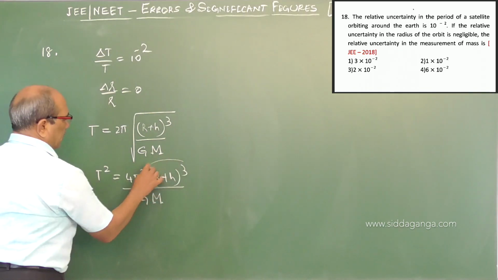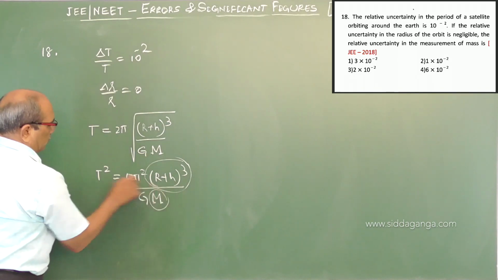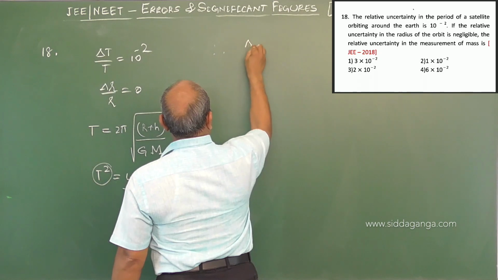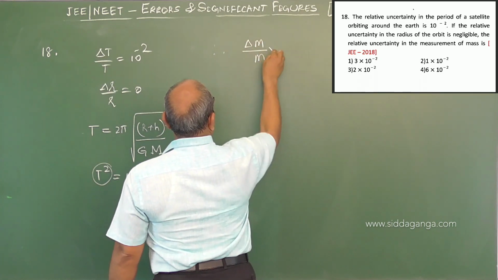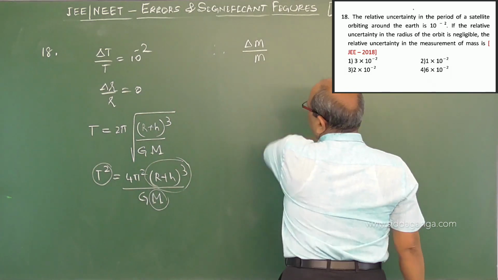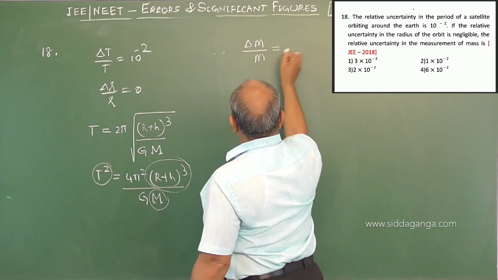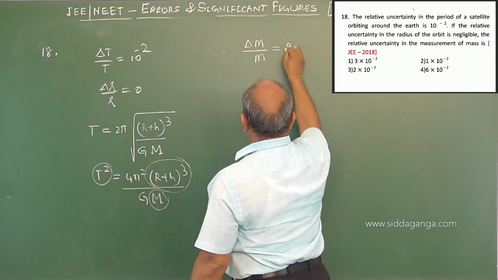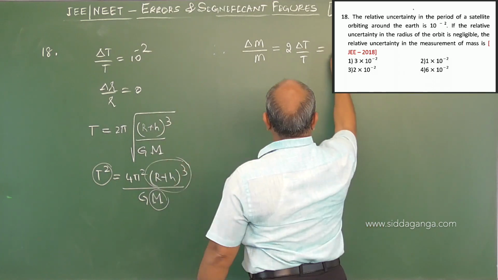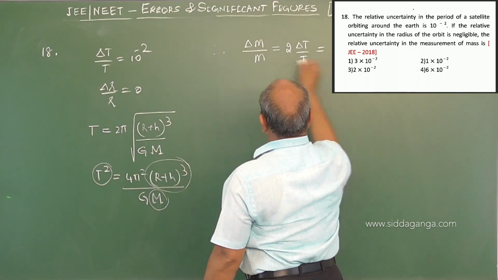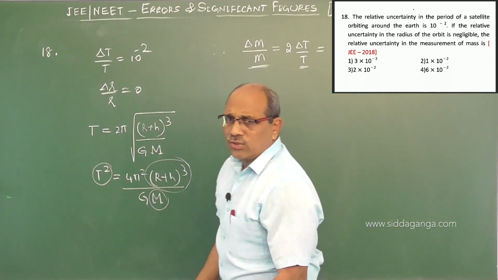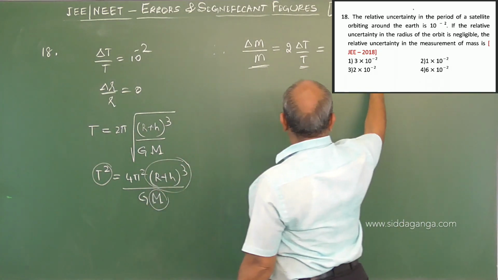Now the radius variation is almost neglected, only the variation with these two. Therefore, I can write delta M by M, no 100 here, just the relative error, equals T affecting 2 times delta T by T. Delta T by T is already given as 2 into 10 power minus 2. The mass is affected 2 times by time, so 2 into 10 power minus 2, option number 3.